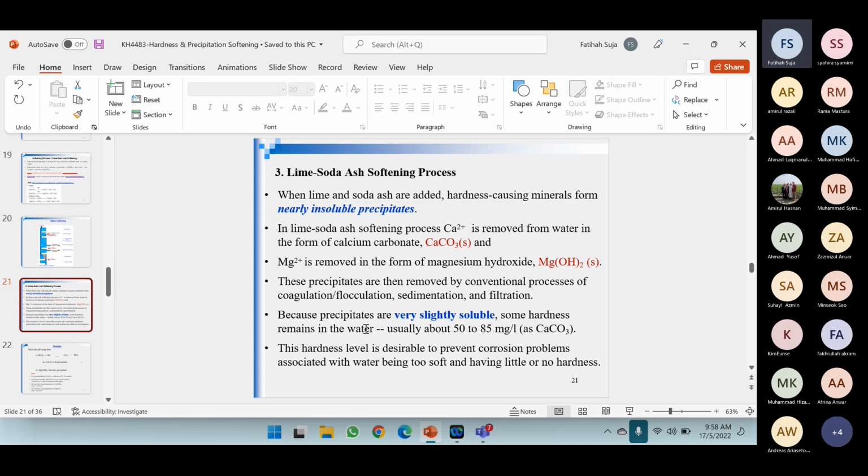Because precipitates are slightly soluble, some hardness remains in the water, usually about 50 to 85 milligram per liter as calcium carbonate. This hardness level is desirable to prevent corrosion problems associated with water being too soft and having little or no hardness.